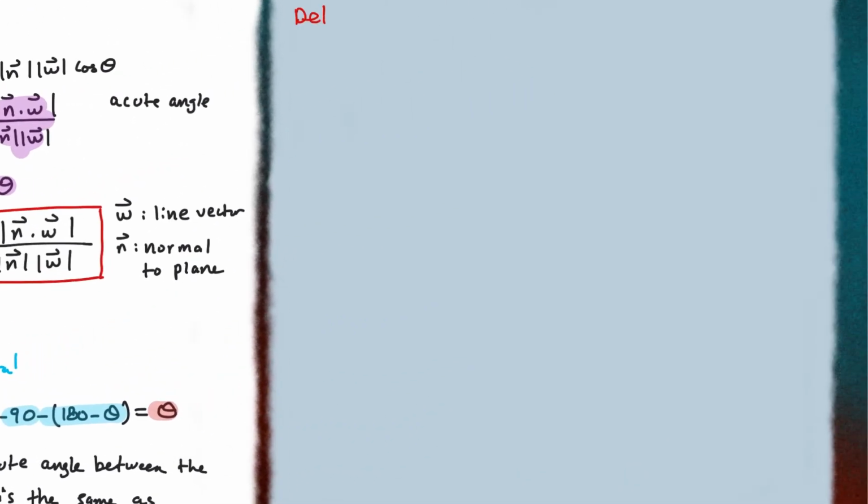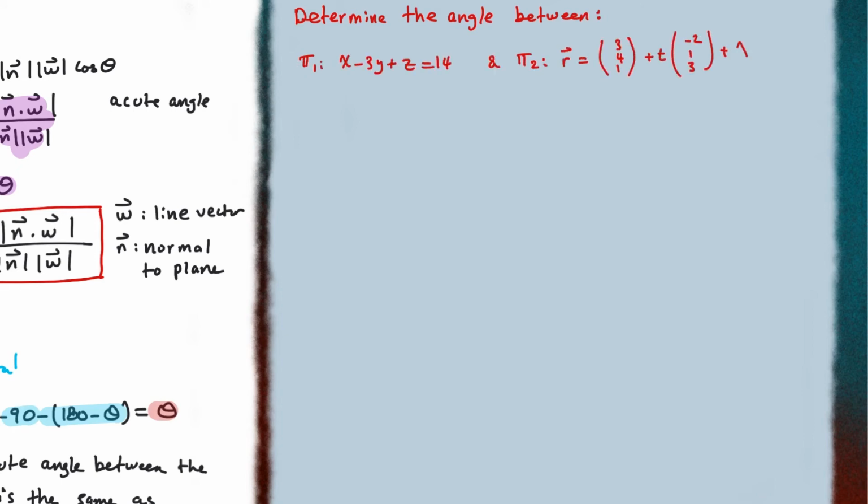In this question, we want to determine the angle between two planes, pi 1 and pi 2. Pi 1 is given in Cartesian form and pi 2 is given in vector form. We now know that the cosine of the acute angle between the two planes can be calculated by taking the magnitude of the dot product of the two normals and dividing by the magnitudes of the two individual normals.